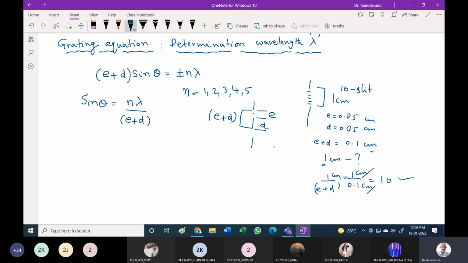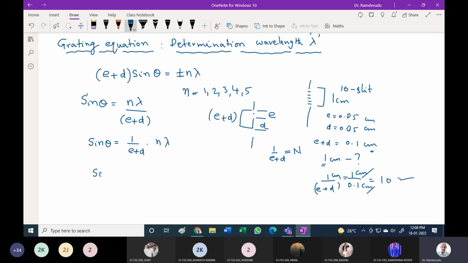Thereby, simply 1 by e plus d gives you the number of slits, n. Hence, I write here sine theta is equal to 1 by e plus d into n lambda.